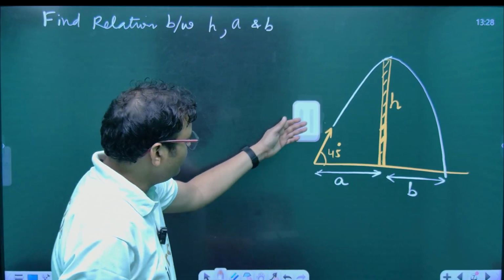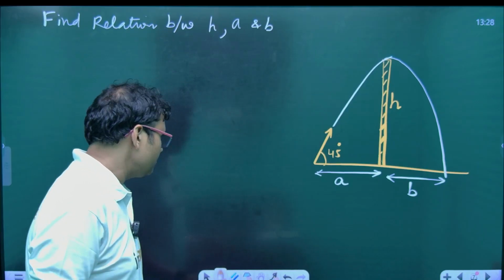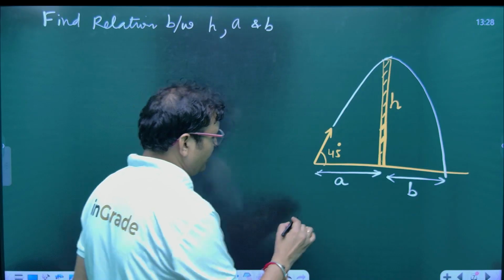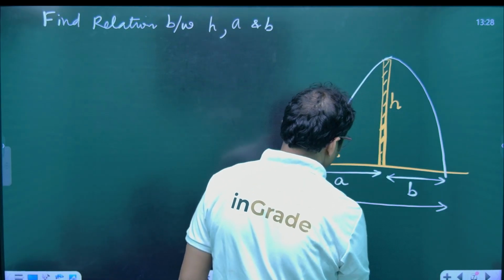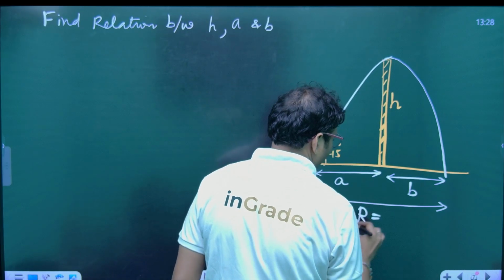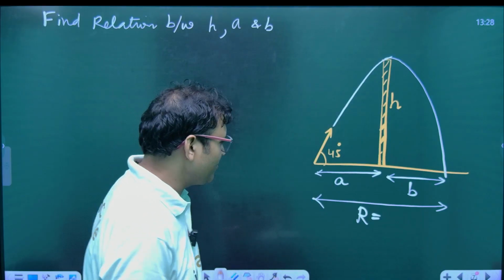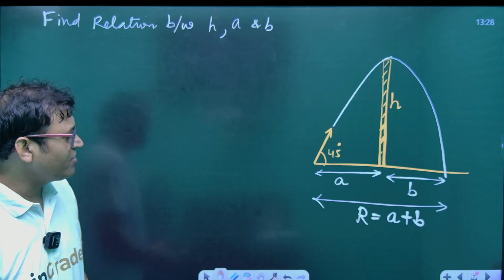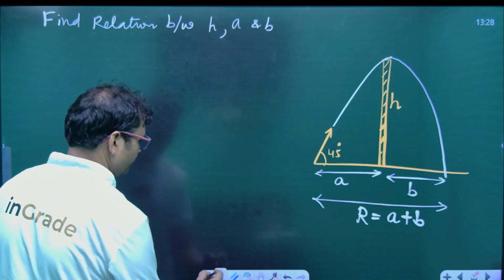U is not given. We need to find out the relation between H, A and B. Can we say the value of R, the horizontal range of the projectile, will be equal to A plus B? That is the horizontal range, A plus B.